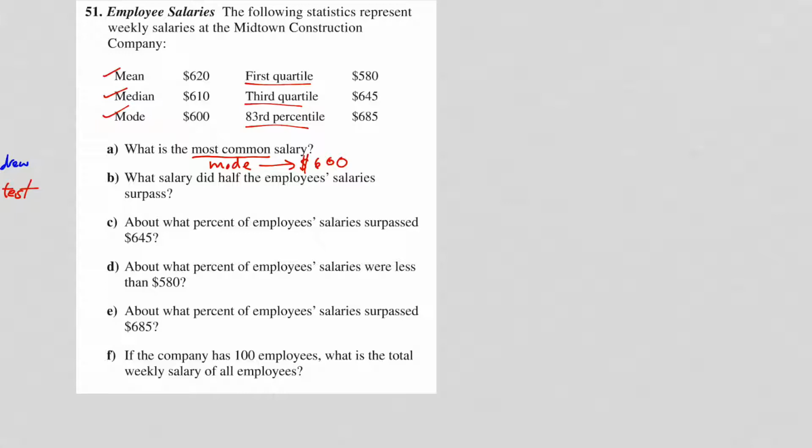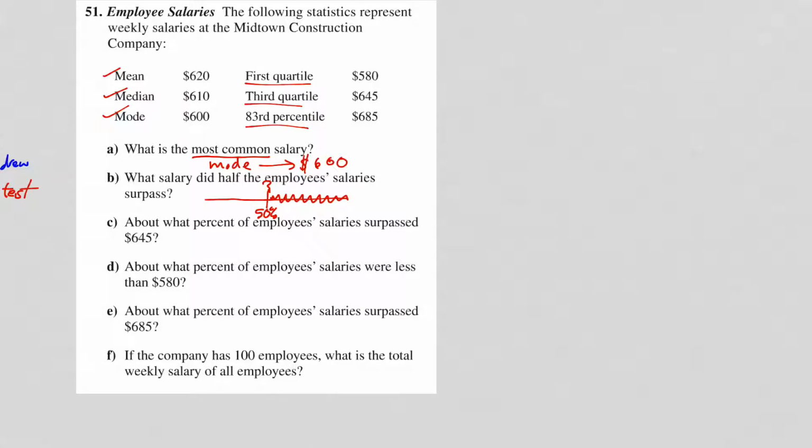Now, what salary did half the employees' salaries surpass? So if you have this, half, or 50%, would be right here. So it's saying, what is that number that basically divides the data into the middle?